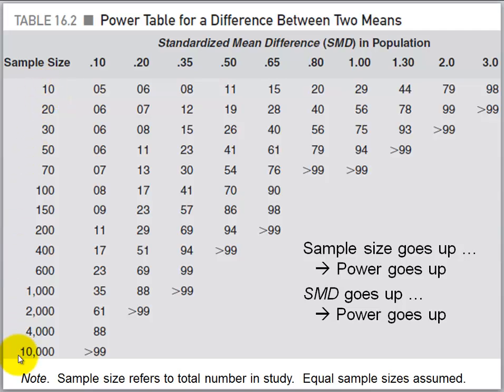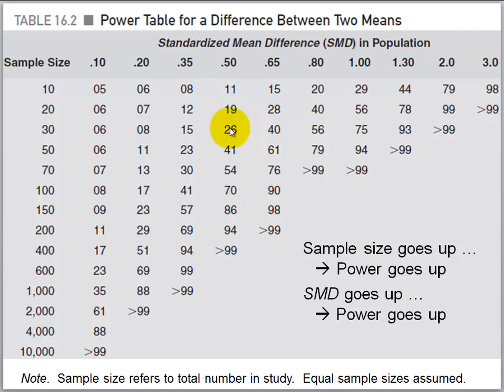Let's take a crack at estimating power. Suppose that we think that the difference in the population between the effectiveness of two treatments is 1/2 of a standard deviation. Suppose that we have in our study sample sizes of 15 each, so a total sample size of 30. Then what would our power be? It would be 0.26. The decimals are not shown on this table.